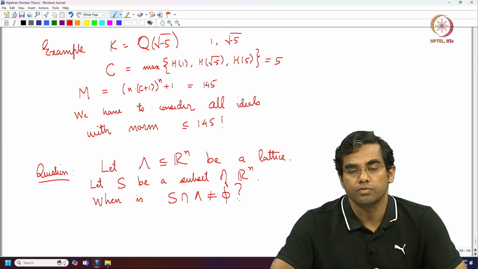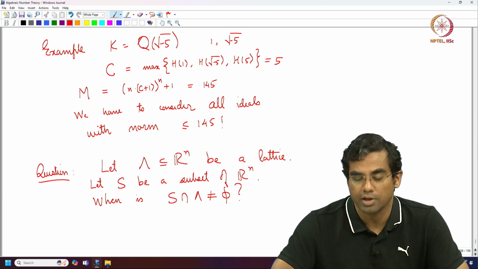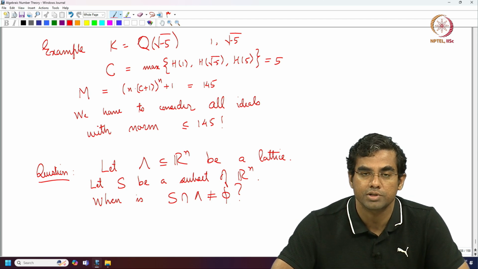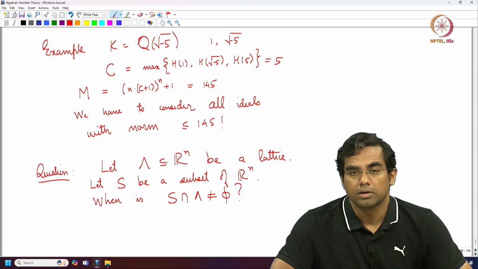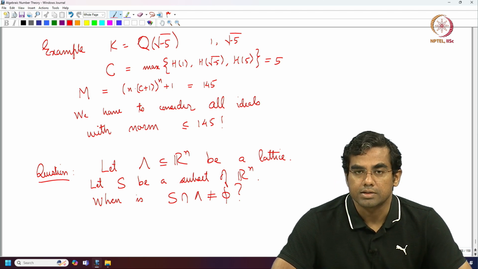So, here is this very vague question in some sense, because I have not put any condition on my subset S and any condition on lambda apart from the fact that it is a lattice.